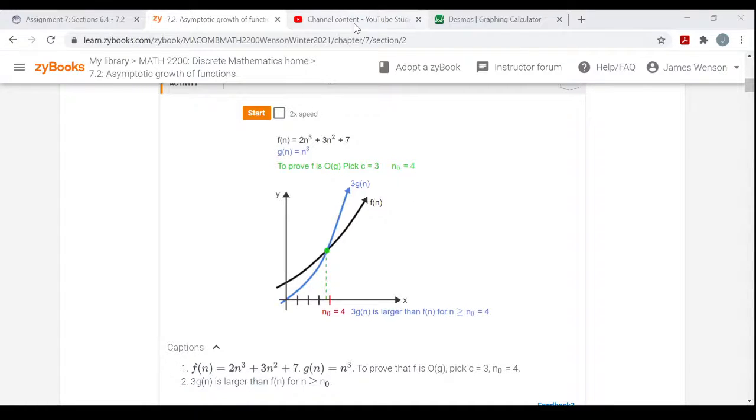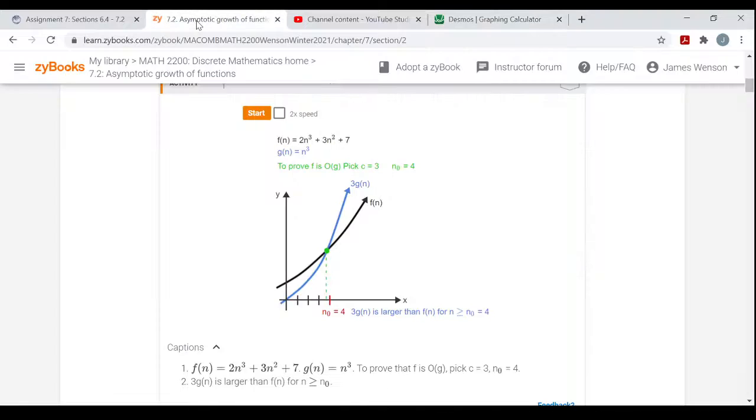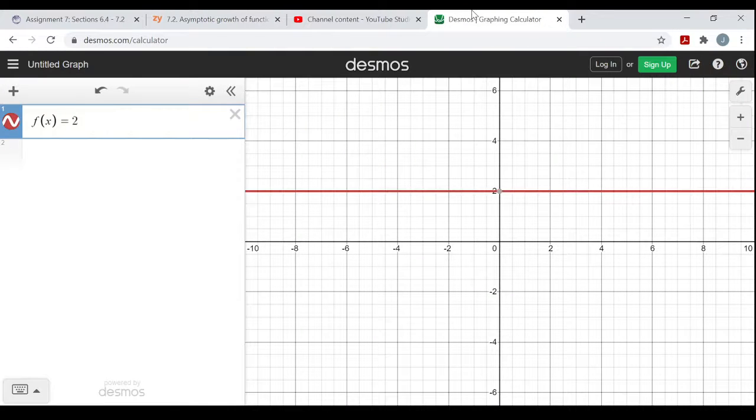Let me show you another. I've got the Desmos website here, desmos.com. It's a free online graphing calculator. So let me put up f. All right, f of x equals 2x cubed plus 3x squared plus 7.